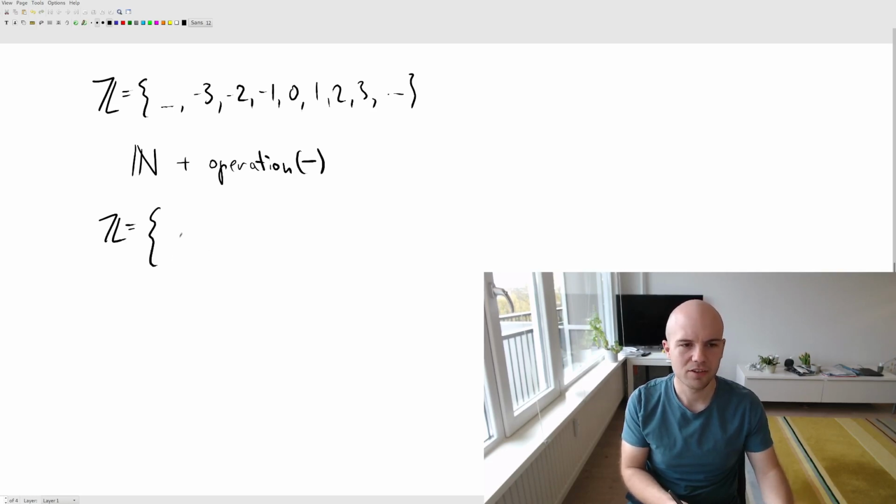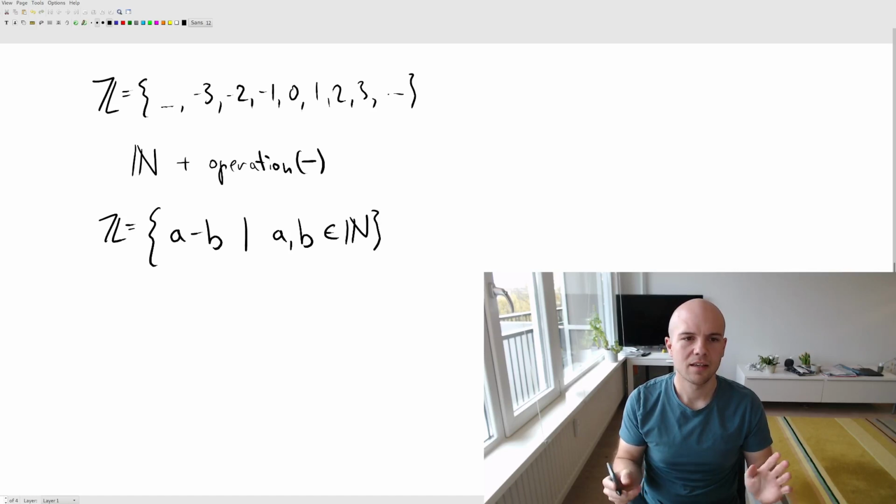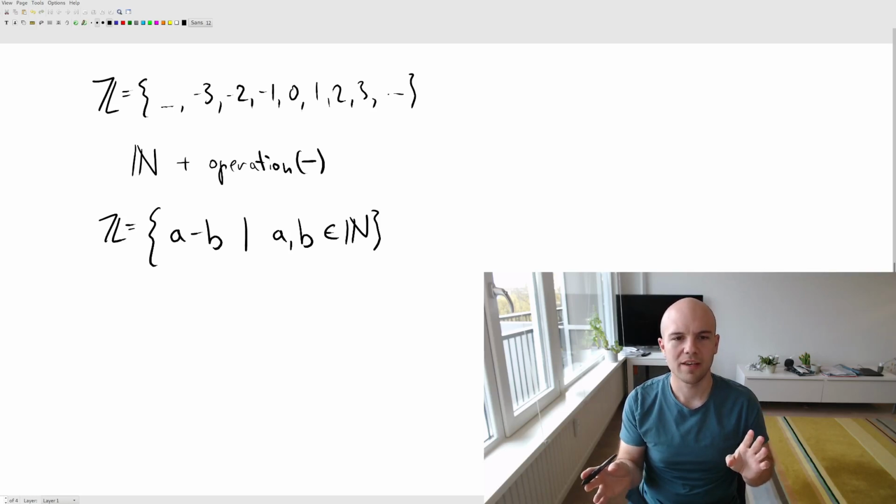So every element in the integers is a subtraction of natural numbers. Quite literally, the integers are the elements that we obtain via subtraction of natural numbers.